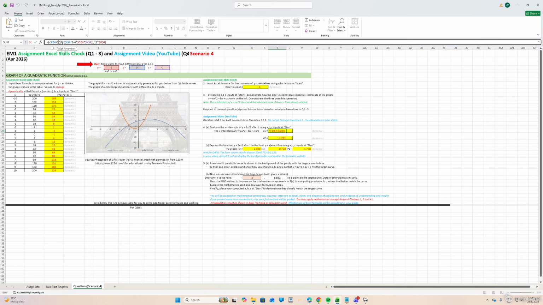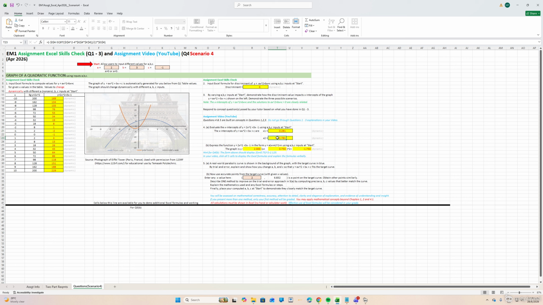Here it represents b, and this whole thing here represents b squared. Over here in this section is minus 4ac over 2a, and that's how I am presented with this answer.